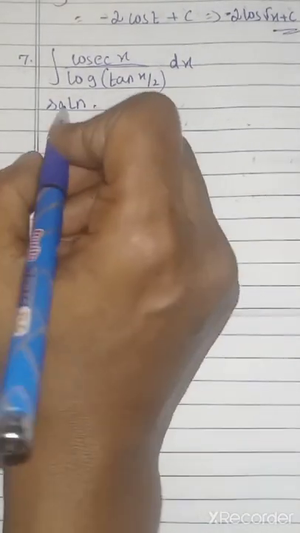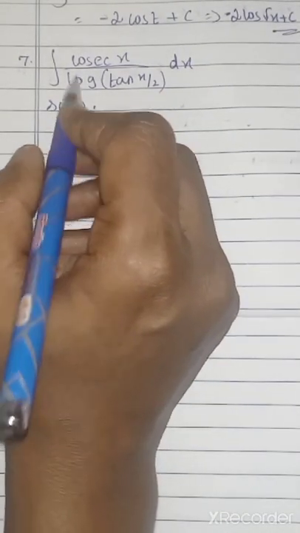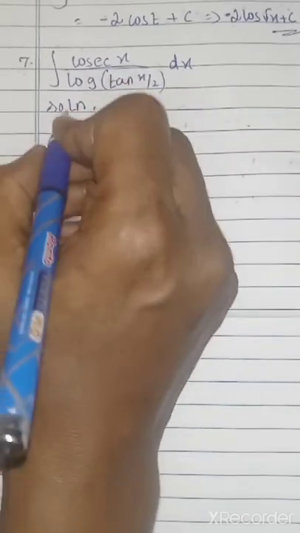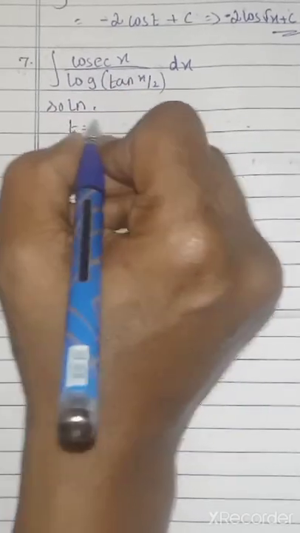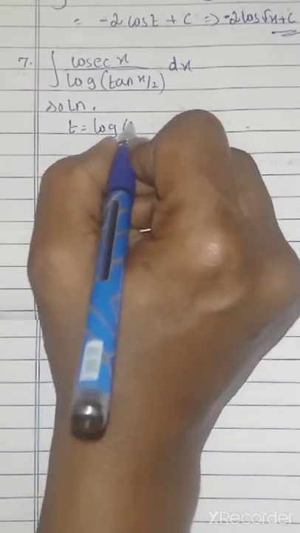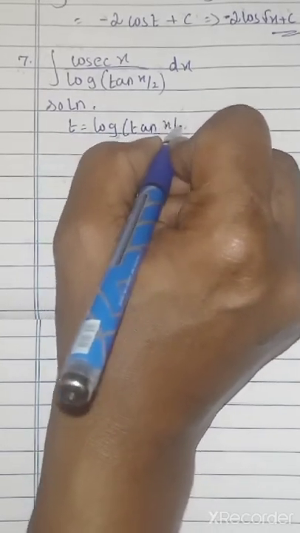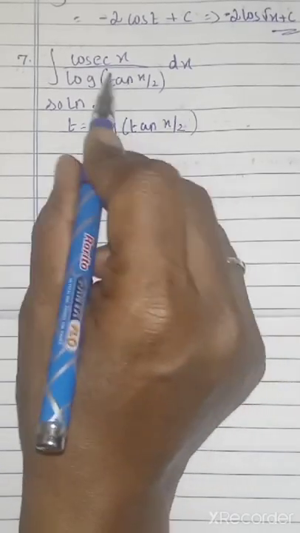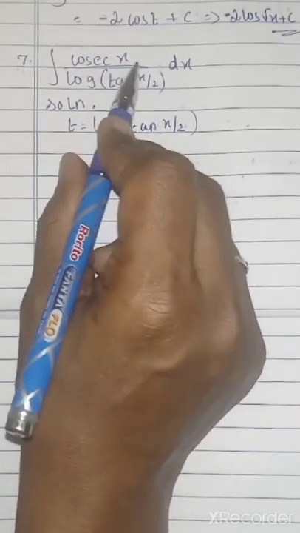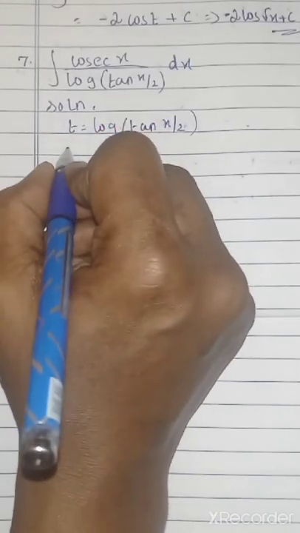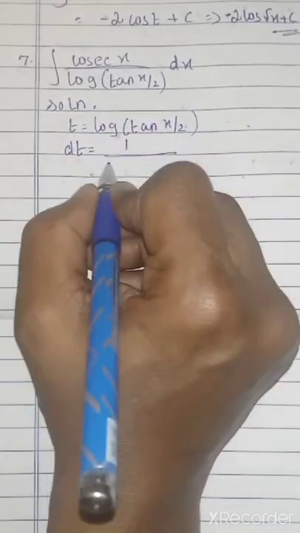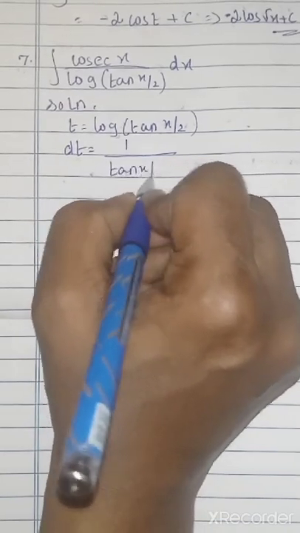Seventh question, integral cosecant x by log tan x by 2 dx. So here we can take t equal to log tan x by 2. If we differentiate this, what will we get? We have to get cosecant x. Look at how we are getting it. So dt equals log differentiated, 1 by tan x by 2.